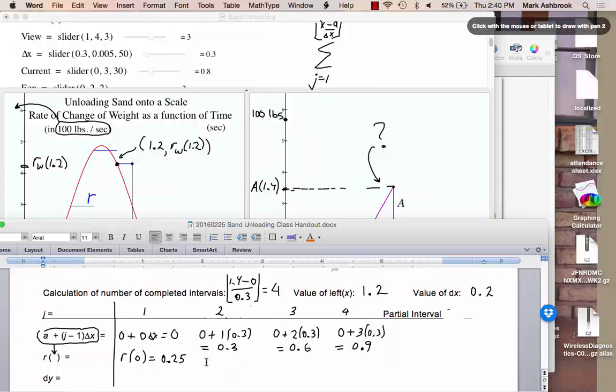Now let's do the first interval first. Let's do the whole thing for the first interval first. The left side x value is 0. The rate is 0.25. And then what does it do? It takes the rate times delta x. So 0.25 times 0.3 is what?